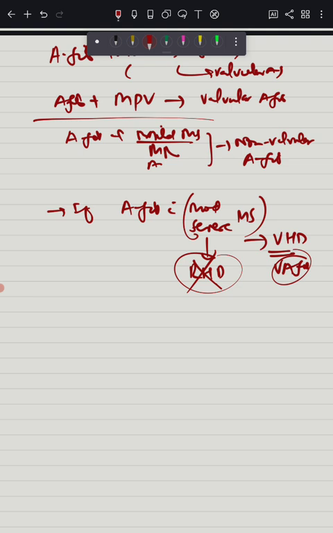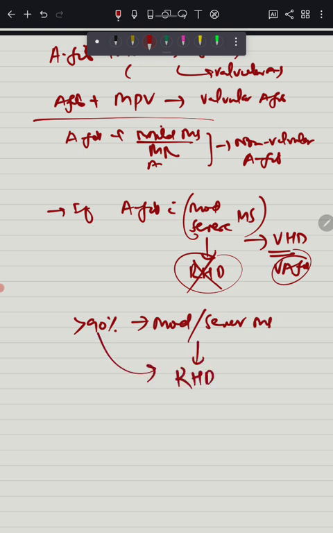But practically speaking, in greater than 90% of cases worldwide, moderate to severe mitral stenosis is due to rheumatic heart disease, especially in India and developing countries. Whereas other causes like mitral annular calcification, radiation induced MS or congenital MS are rare and often mild.